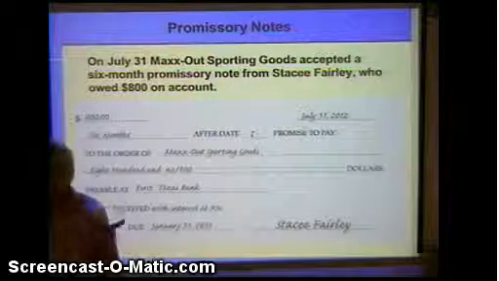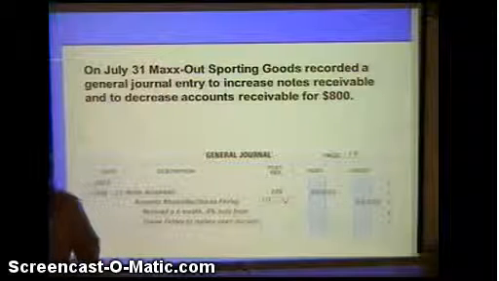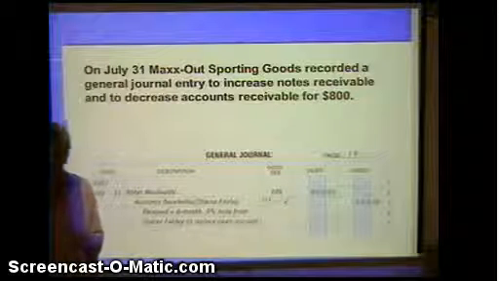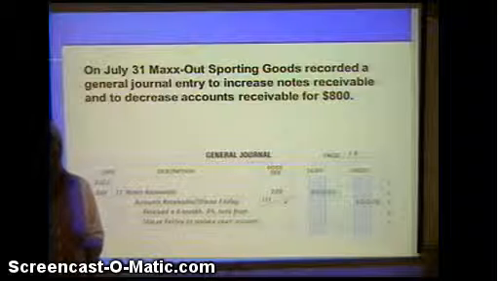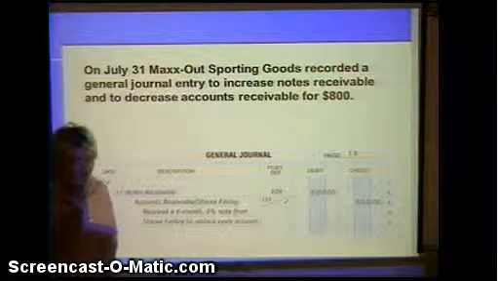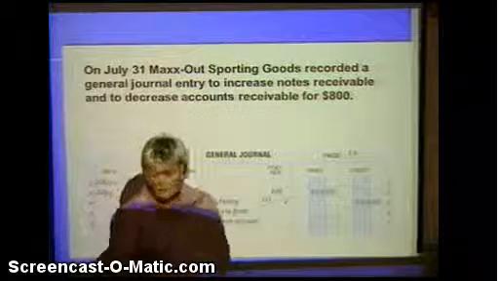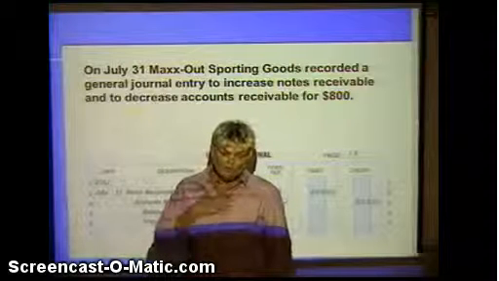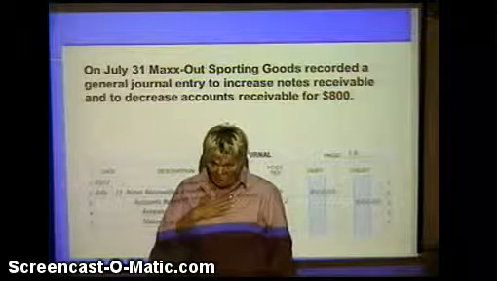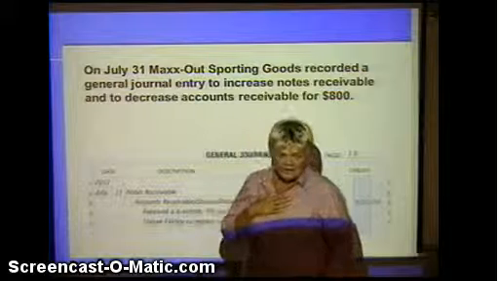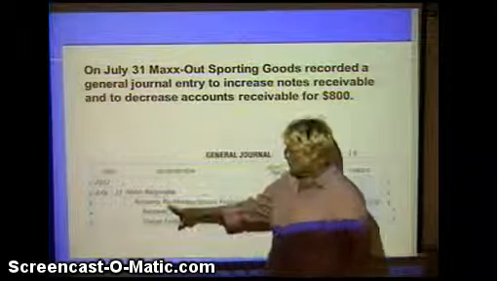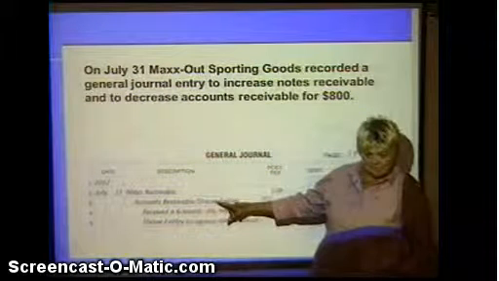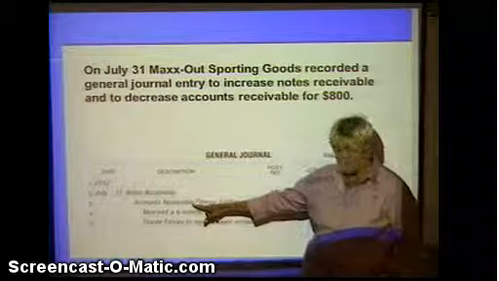Now to set up that note, it's her accounts receivable that she couldn't pay within the 30 days. So we would rather get the money than her not pay at all, right? So we're saying, okay, we'll change her accounts receivable to a notes receivable.